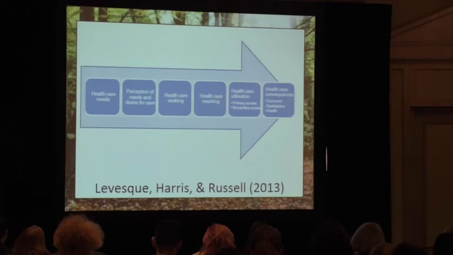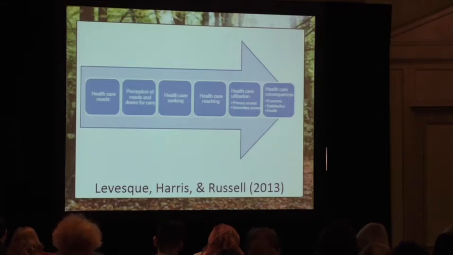So not everyone will be on this path to access. But if they are on the path, do they know where to look? So this is healthcare seeking. Do they actually reach it? Everything from, can they afford the transportation to get there? Is it available in their city? Things like telepractice might be relevant if there are very few people who are competent to provide this service. Do they use it?